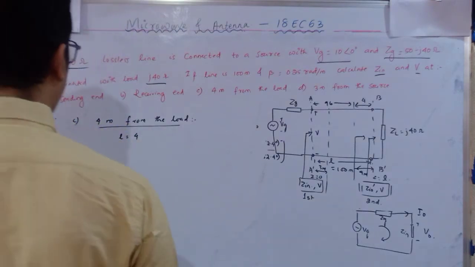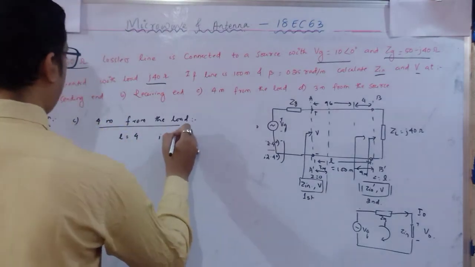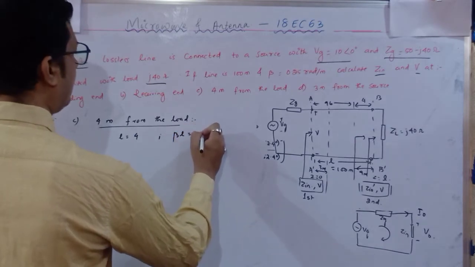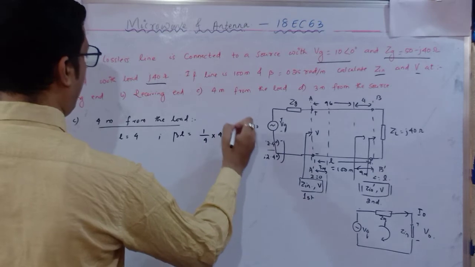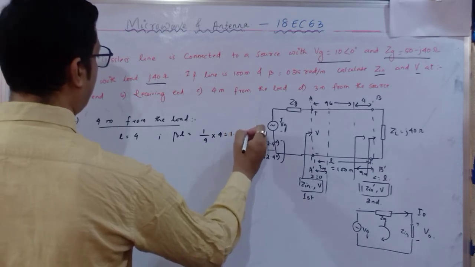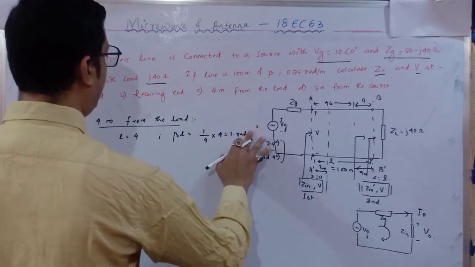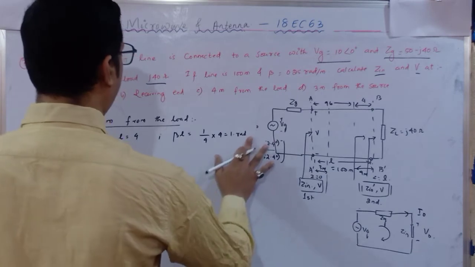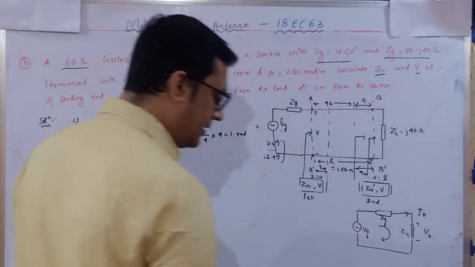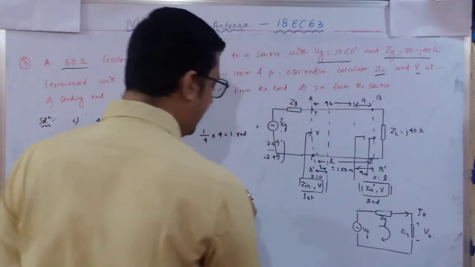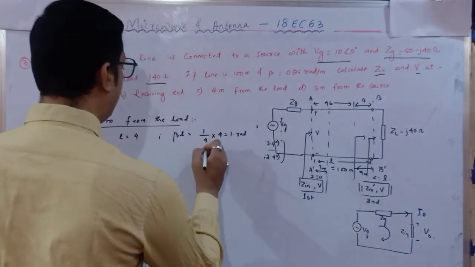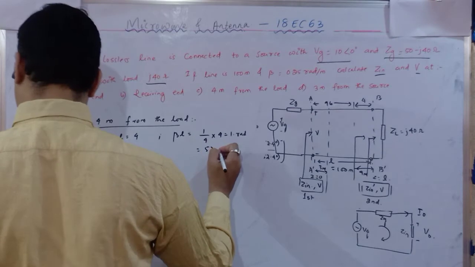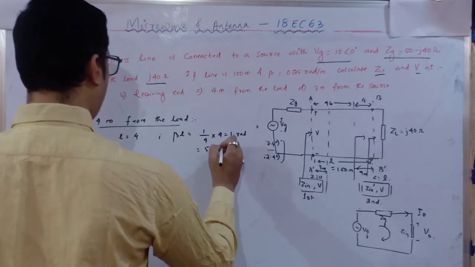So at L equal to 4, βL, where β is 1/4, into 4 is 1 radian, because it is radian per meter. Its value is 57.3 degree.